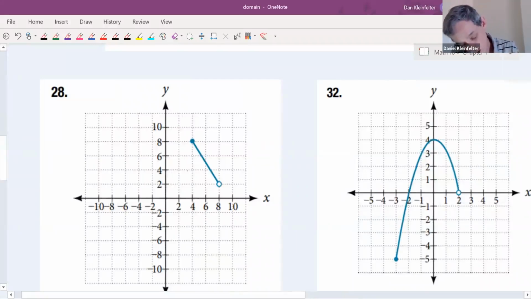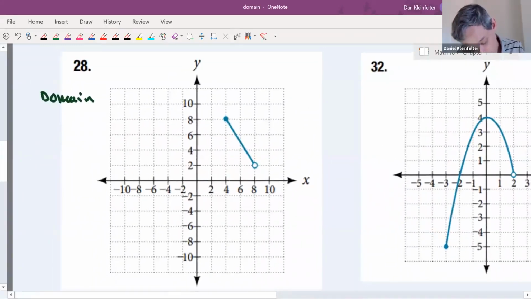All right, so for this first one, 28, we want the domain. For simplicity, I'm just going to use interval notation for these. For the x values, it looks like they run from 4 to 8, including the 4, because there's a dot at the left end, which says that the function is defined at 4.